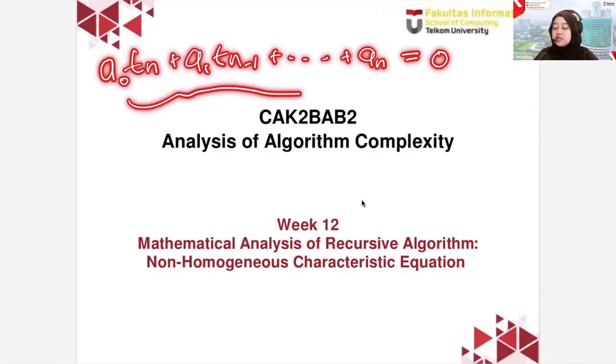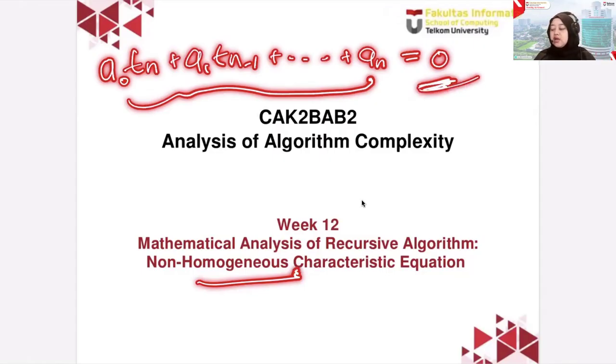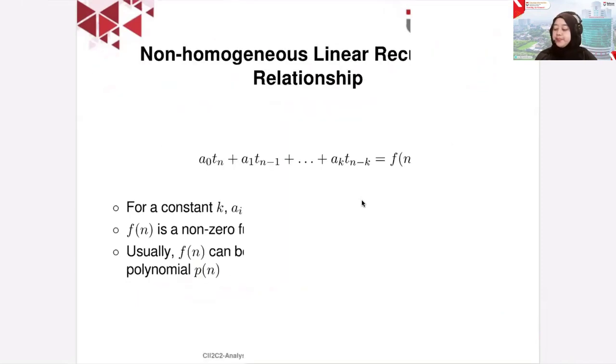So this is a linear recurrence relation, and this part makes it homogeneous. And today we will learn about the case where this part is not 0, which is non-homogeneous.